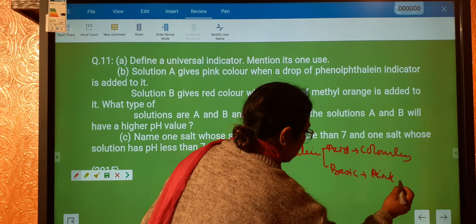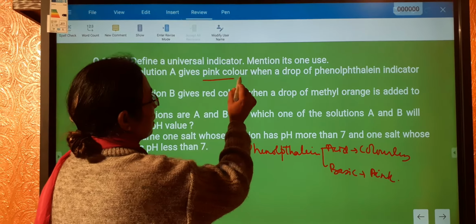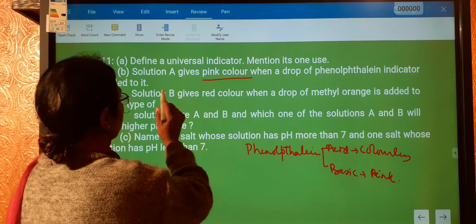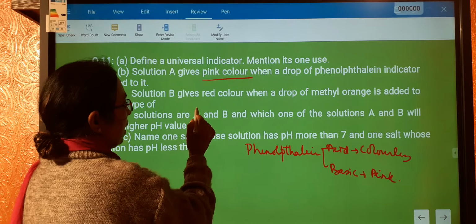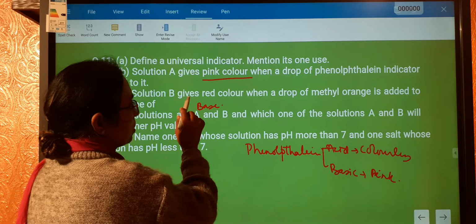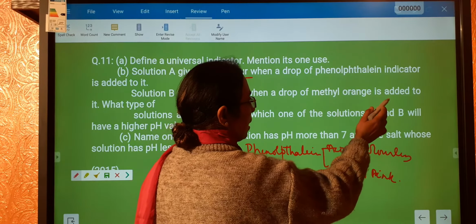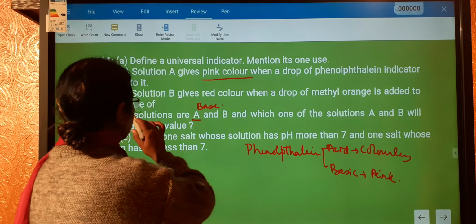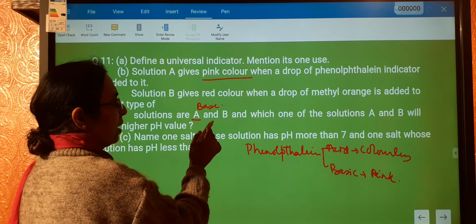Alright, so when they say that solution A gives pink color when phenolphthalein is added, that means solution A is a base. And solution B gives red color when a drop of methyl orange is added to it. So what type of solutions are A and B?